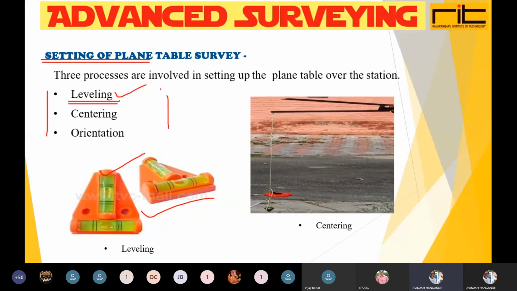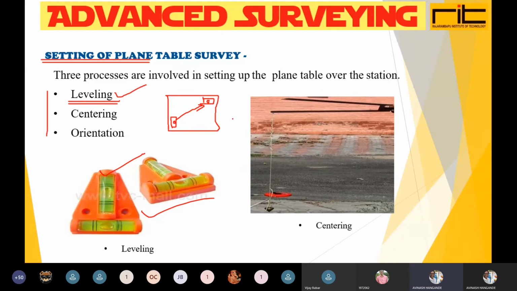Suppose this is your plane table, and we have to place our bubble tube at every corner. First here we have to put, then in the opposite corner to that. This is the method we have to follow, and we have to observe where our bubble tube lies. It should lie at the center.